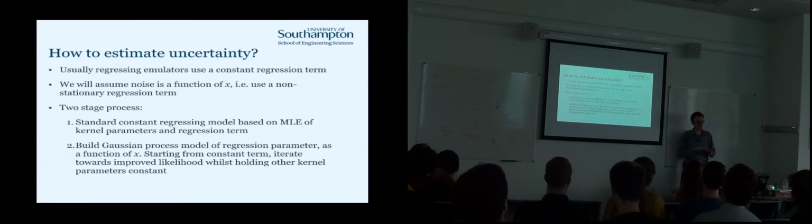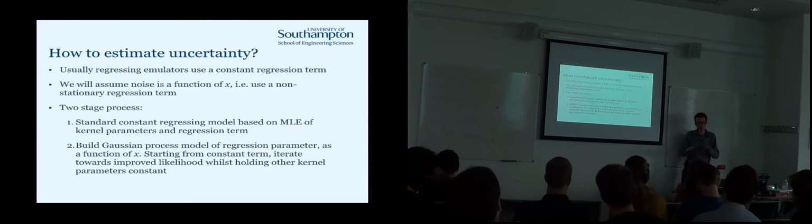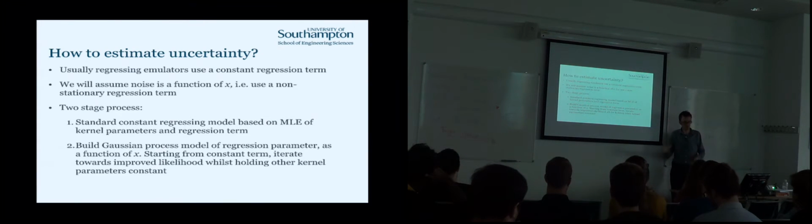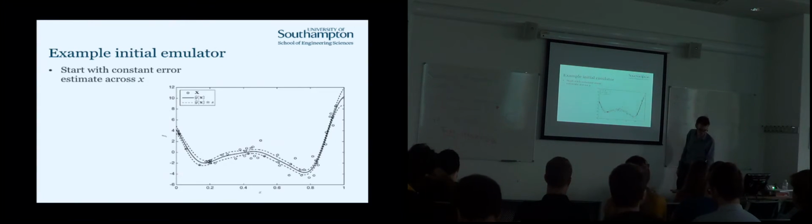And starting from this constant regression, so it smooths the data in the same way throughout the design space, we're going to run a gradient-based search that's just going to tweak it to try and make the model fit the data better based on a non-stationary regression term.